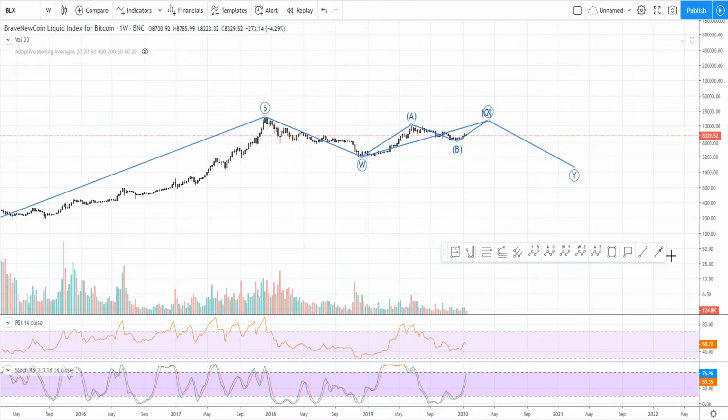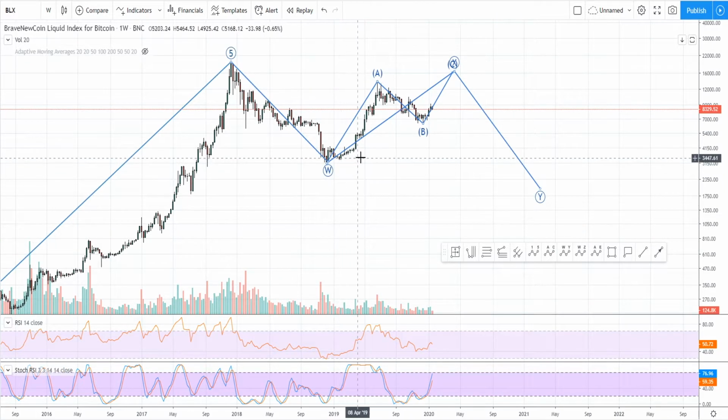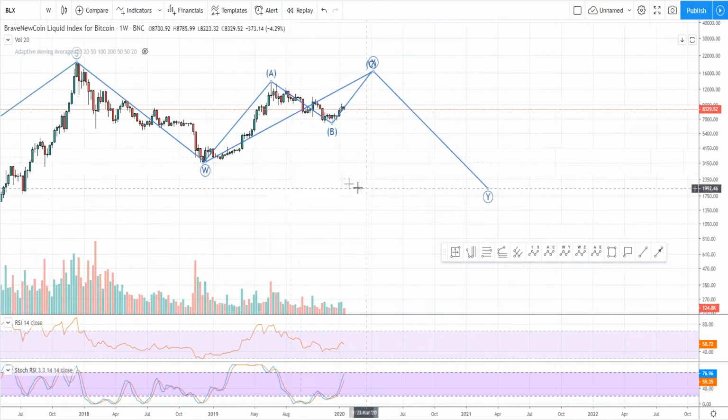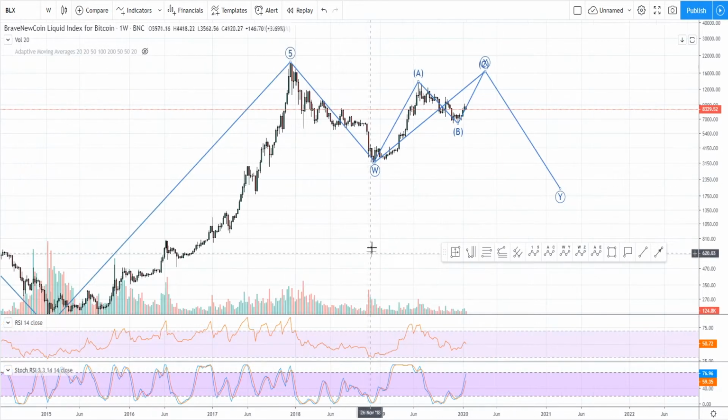I think the price action that happened in the summer of 2019 was an impulsive A wave, the price action after that was a more complex B wave, and we'll now see an impulsive C wave up. But I think that will top out and then make a lower low.